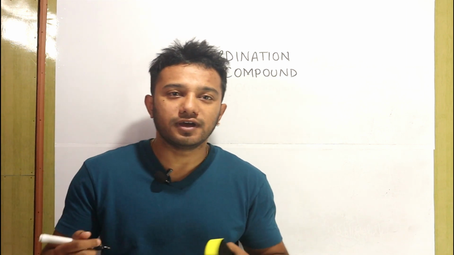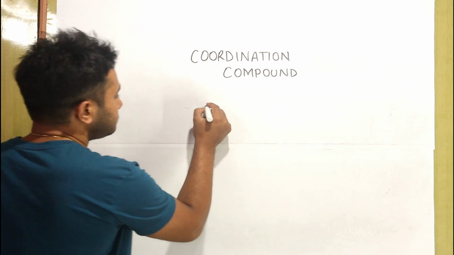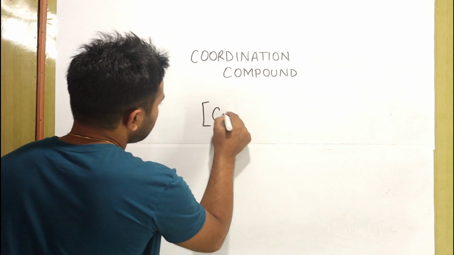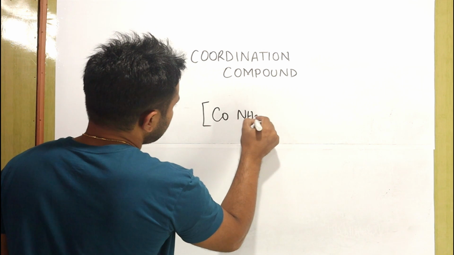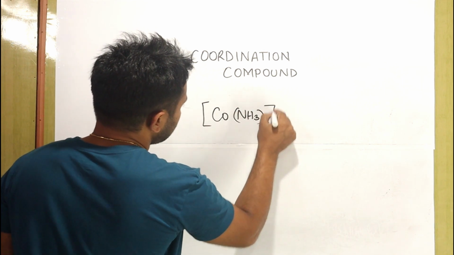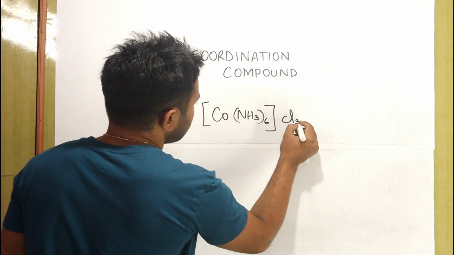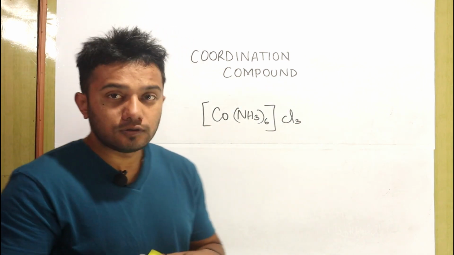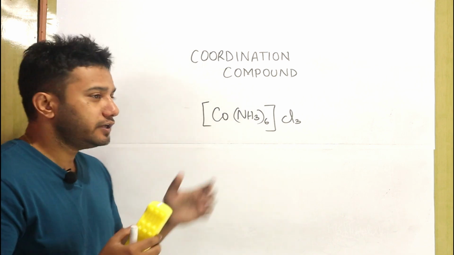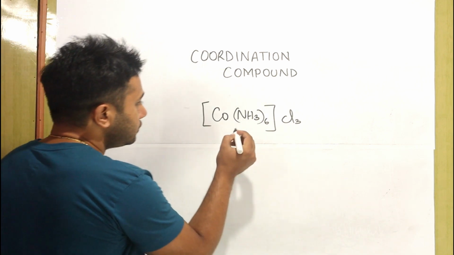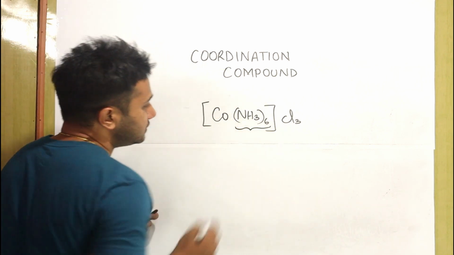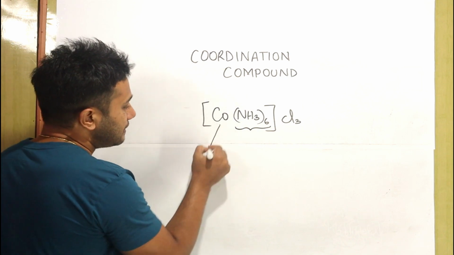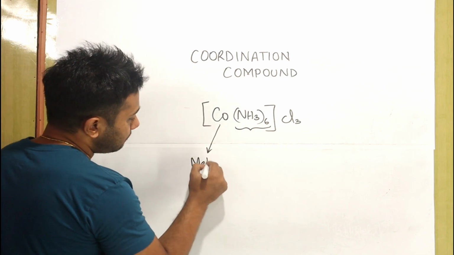For example, we have this coordination compound, and out here this is the ligand, this is the metal ion.